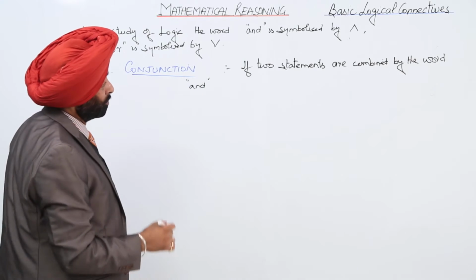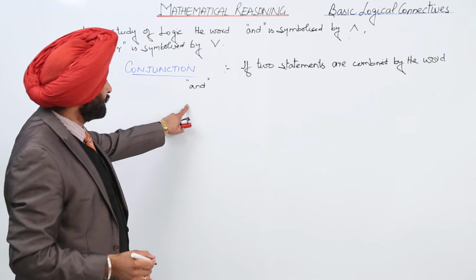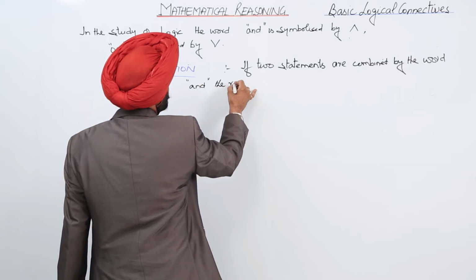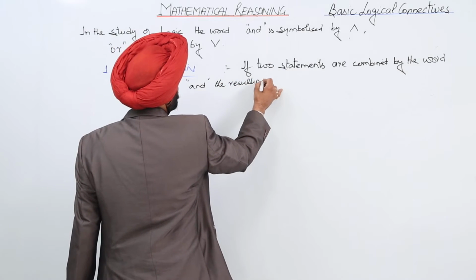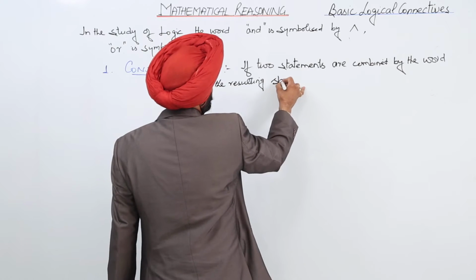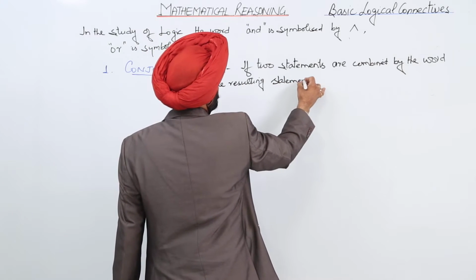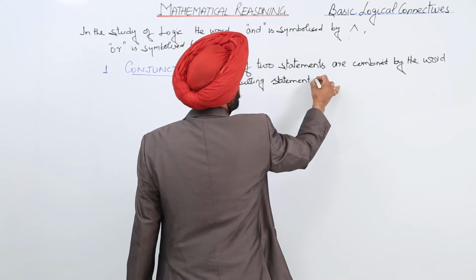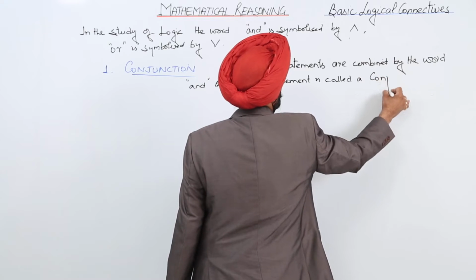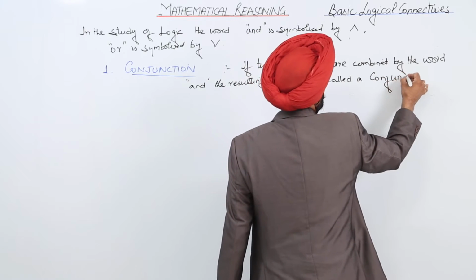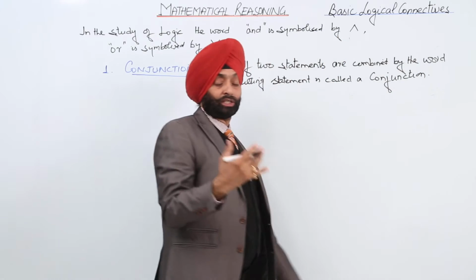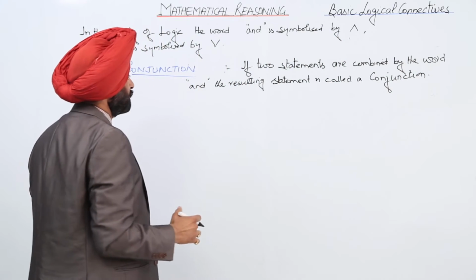Now if two statements are combined by the word "and", the resulting statement is called a conjunction. So now we can directly use the term conjunction.